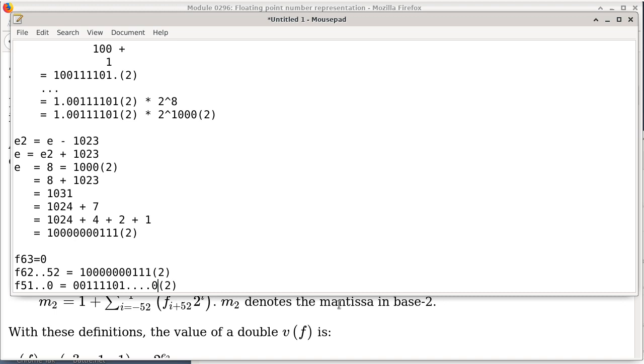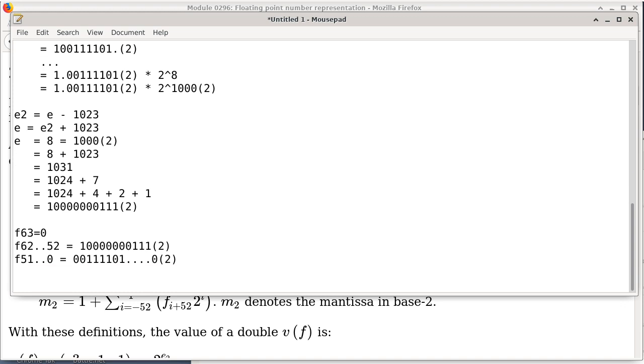Cool? So what is that going to look like? Well, it's not going to be very exciting. If you're thinking, oh, this has got to be exciting because we're working with double, no, this last part here is super duper boring. It's just concatenation. It's just 0 followed by this portion followed by this portion.